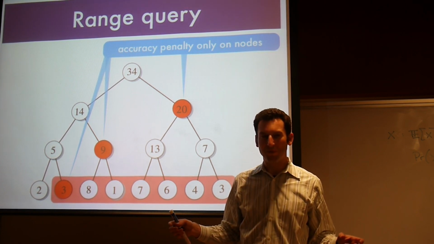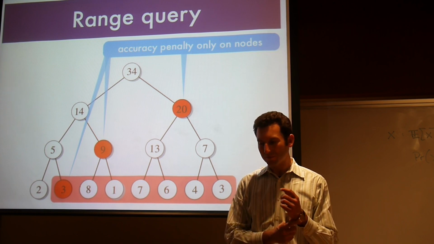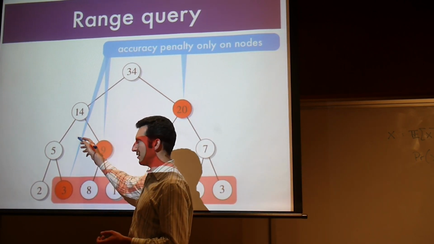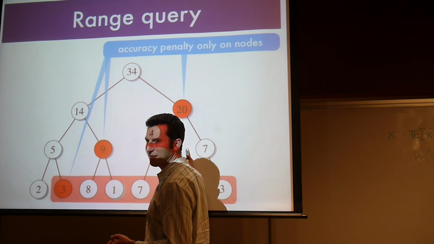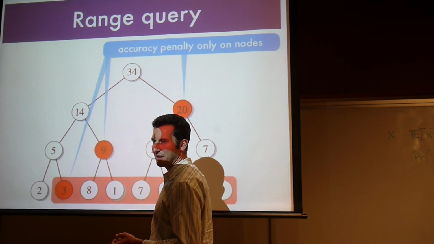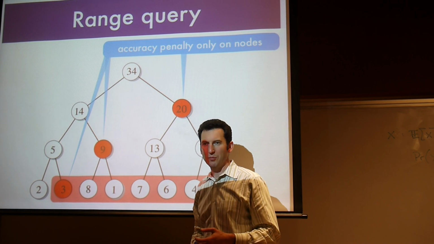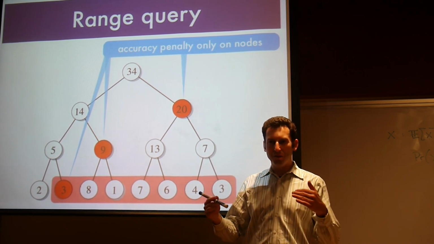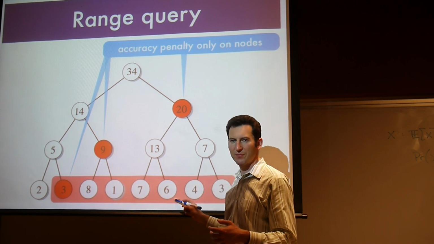Now, can I actually improve my accuracy further? Well, the trick is to store the nodes at the top of that subnet explicitly. Basically, I don't sketch for maybe 1,000, maybe 10,000 numbers, and I only sketch down on the leaves.